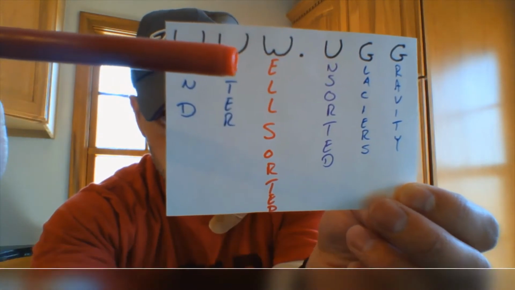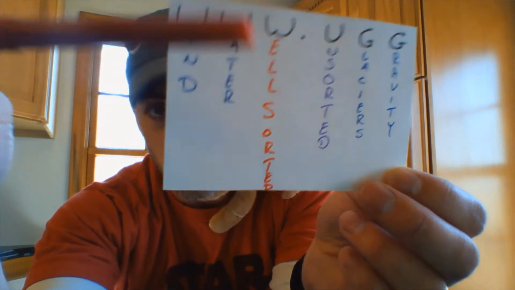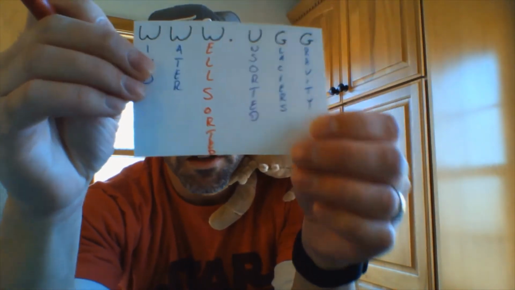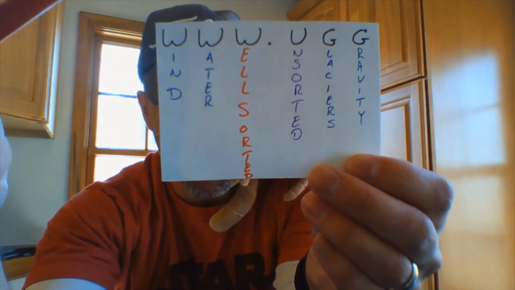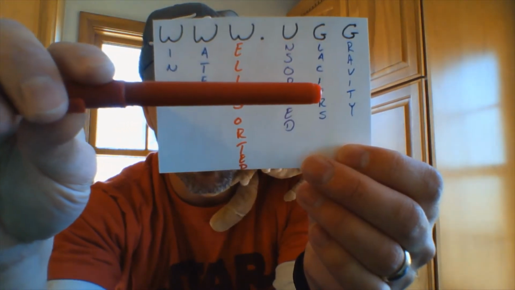These 4 things, and figuring out, do they leave well-sorted or unsorted deposits? Well-sorted is when the deposits are a similar shape, usually rounded, and there's a pattern. We're going to go through those patterns over the next 4 videos, and then unsorted deposits from gravity and glaciers will be in future videos.